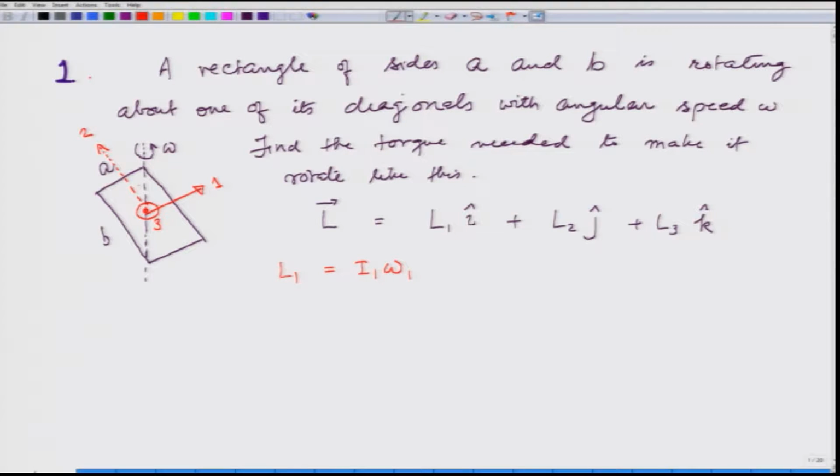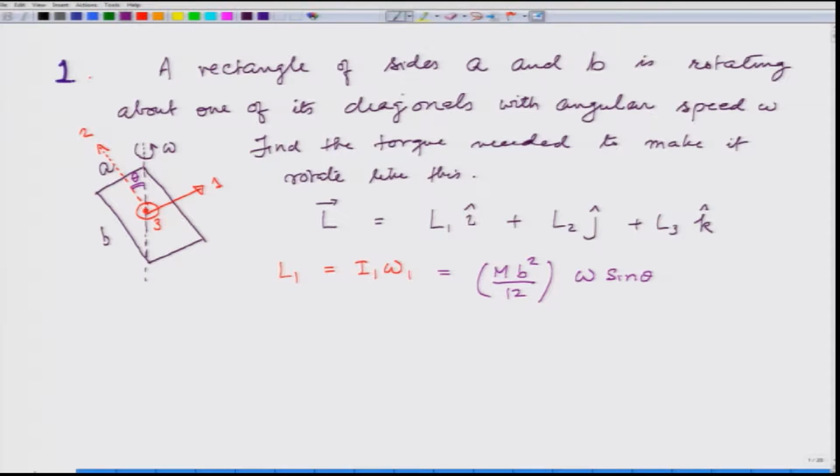If I take the angle of the diagonal with the axis 2 to be theta, then I1 is m b square over 12, and omega 1 is the component along 1, which is going to be omega sine of theta.